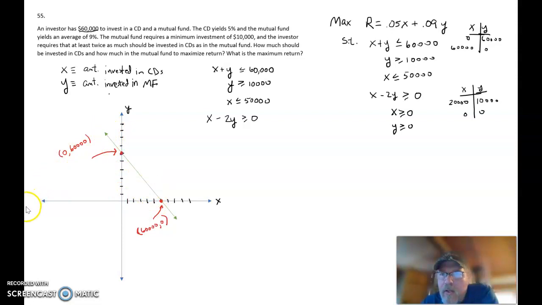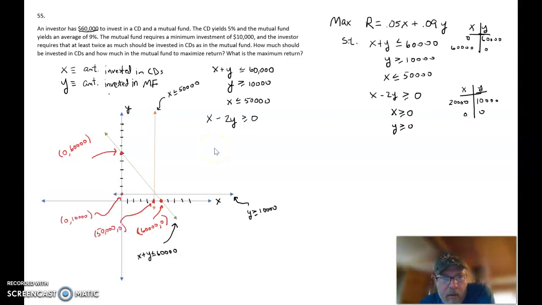And here I put the over 0, up 10,000 ordered pair for Y greater than or equal to 10,000, and greater than or equal to 10,000 will be above it. X less than or equal to 50,000 is this vertical line, and it goes through the point 50,000, 0. And less than or equal to 50,000 is going to be to the left of it.